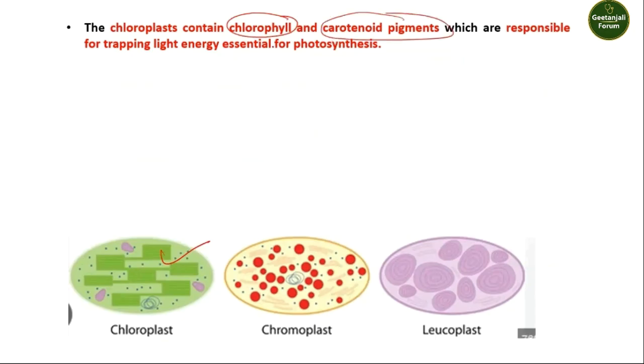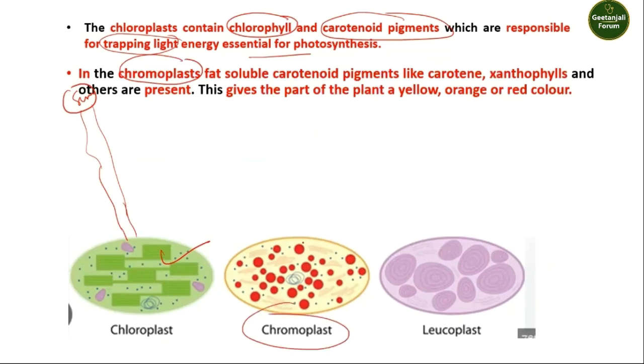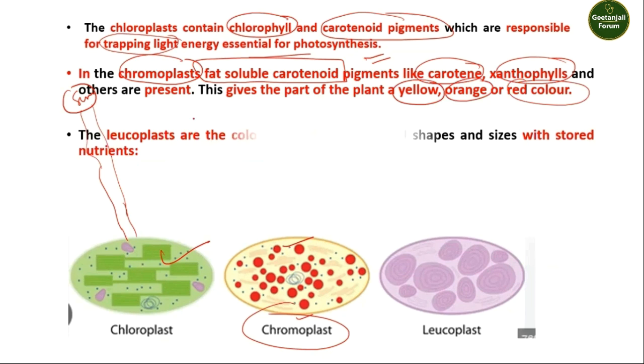Function of chloroplast is to trap light energy. In the presence of sunlight, the radiation energy coming from the sun is trapped by chloroplast. Then the photosynthesis process takes place inside it. Next is chromoplast. It contains fat-soluble carotenoid pigments like carotene, xanthophyll, which give it yellow, orange or red color. Then leucoplast.